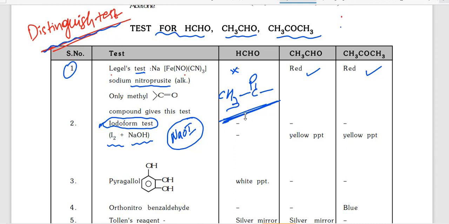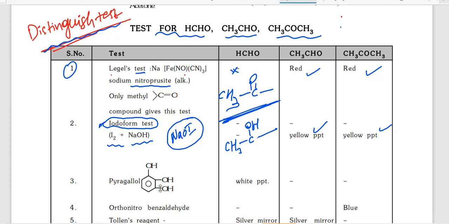As well, this iodoform test is given by methyl alcohols also, with the methyl at the second position, so such alcohols also give it. Acetaldehyde gives a yellow precipitate, ketone also gives a yellow precipitate.